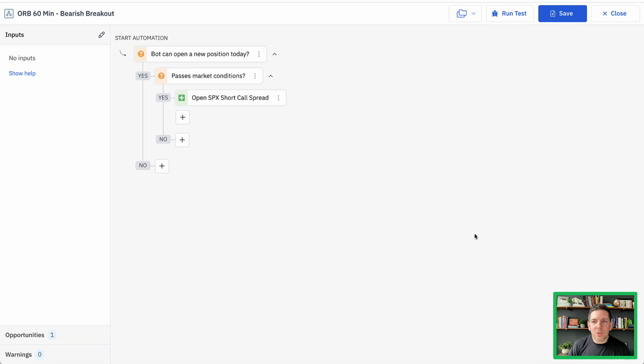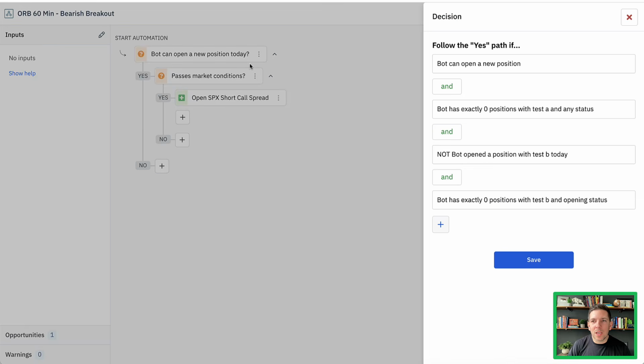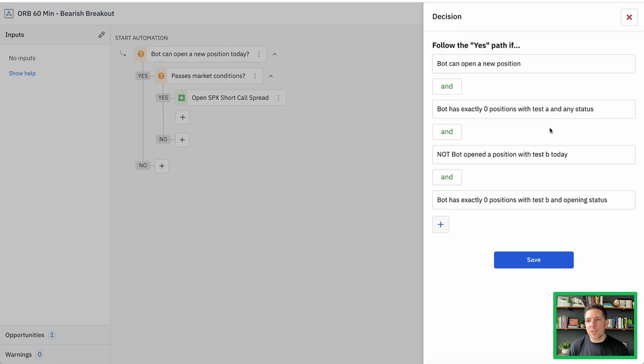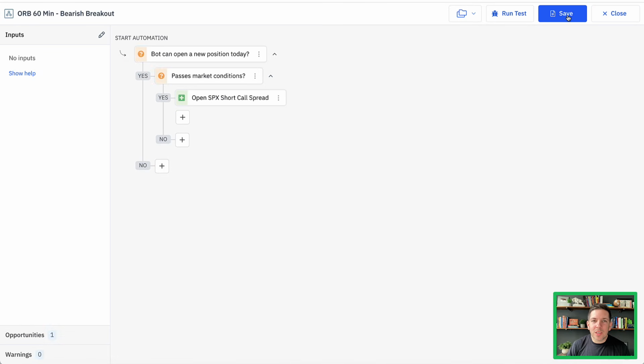If you do start to adjust that, you'll have to go into here and change some of the other automatic decisions that are added in here so that you can make sure that they're congruent with one another. But again, because it's referencing one position at a time and not allowing it to open multiple positions on an opening range breakout, you want to make sure that that gets taken care of. So just leave those in there. You can just add tags to it for tracking purposes if you want to, but that's what I'm going to do.